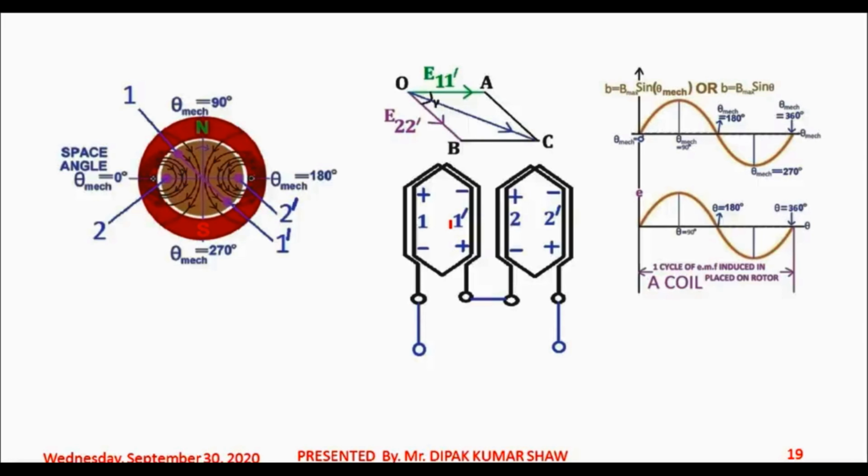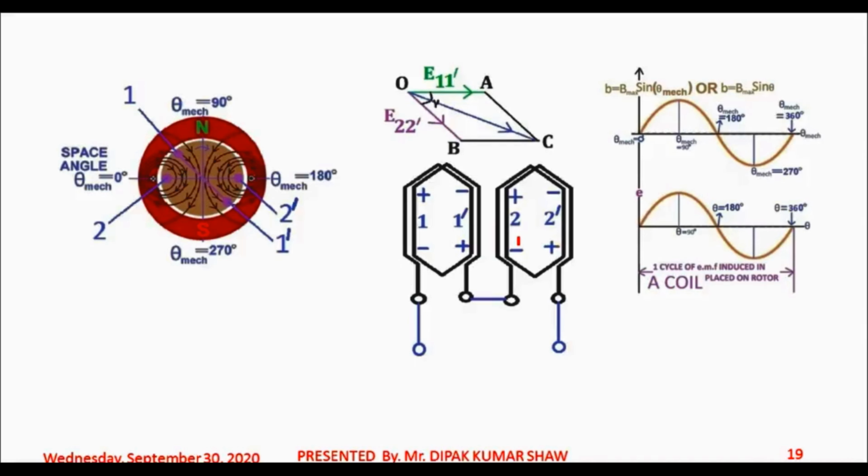They are not in same phase. Rather, they are phase shifted. That means there is a phase shift between the induced EMF in coil 1 1 dash and coil 2 2 dash. So over here I have indicated a sinusoidal wave to be the nature of EMF induced in the coil. If you draw the EMF induced in coil 1 1 dash, it will come as sinusoidal, right?